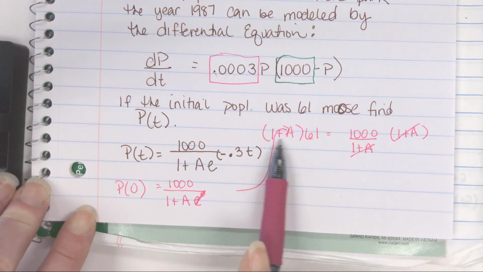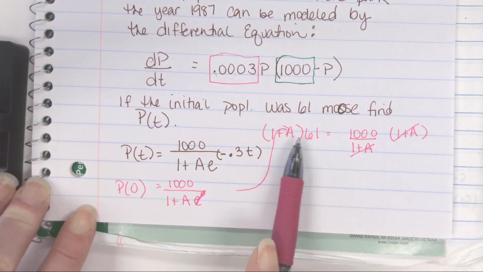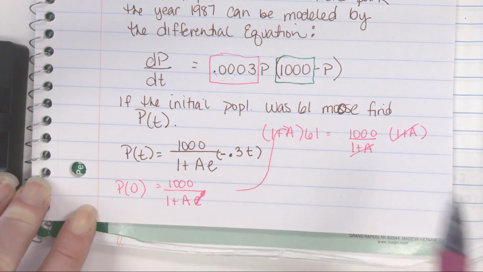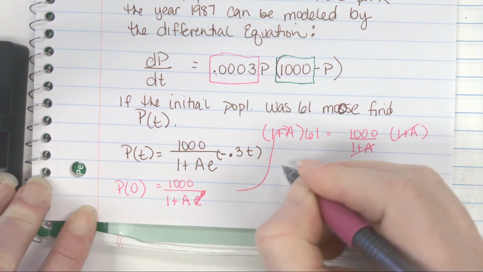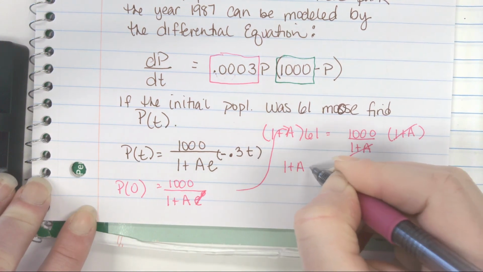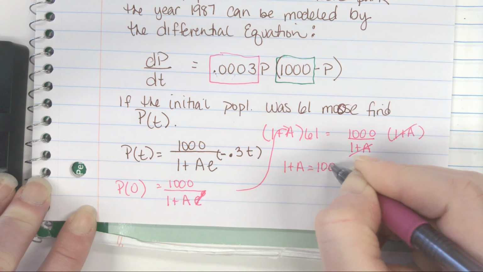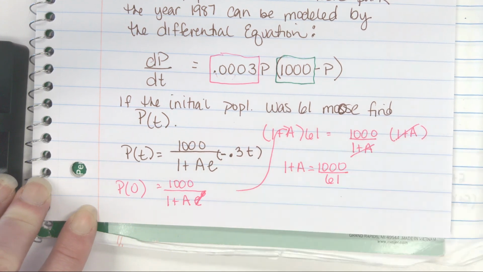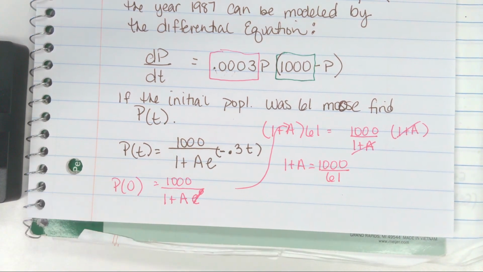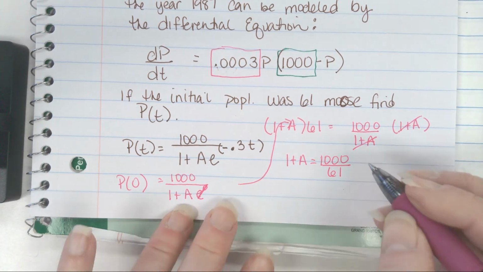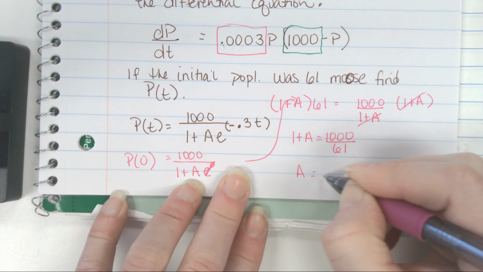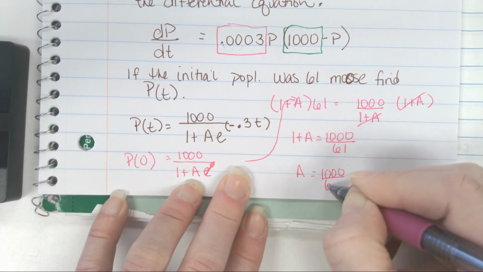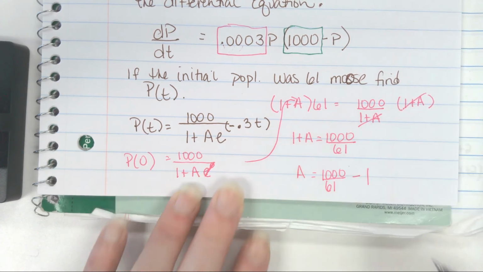You could distribute if you want, but I think it would be easier to divide by 61. If I divide both sides by 61, I have 1 plus A equals 1000 divided by 61. We'll use our calculators in a second. Finally, what would I have to do? Just subtract 1. Cole, stay with us, man. I don't want to have to explain this later.